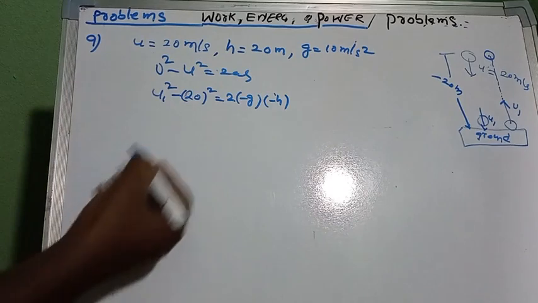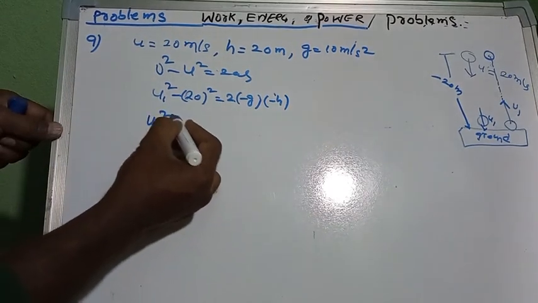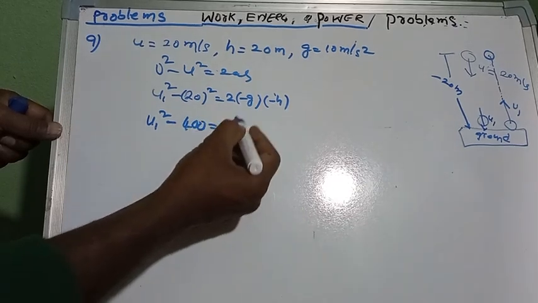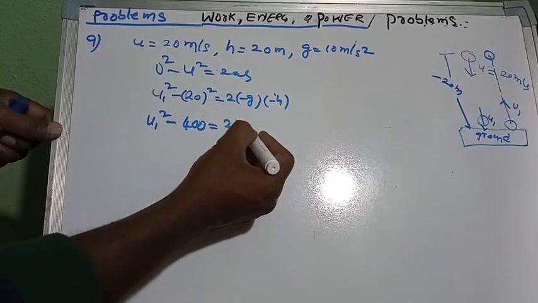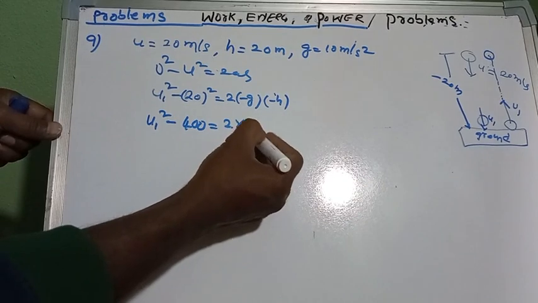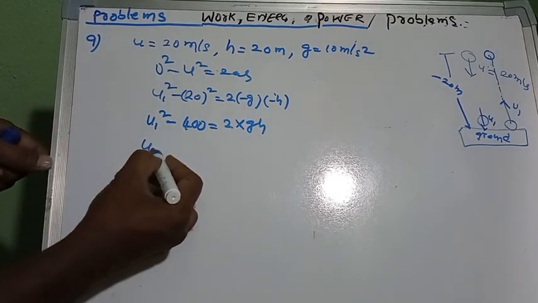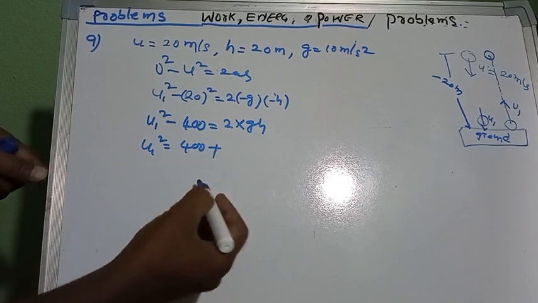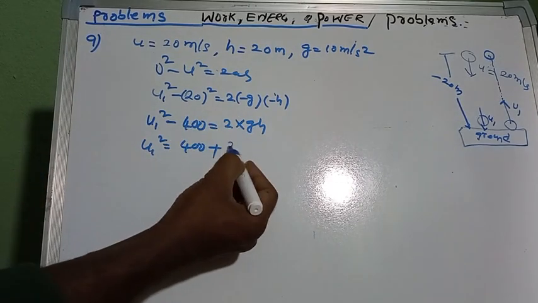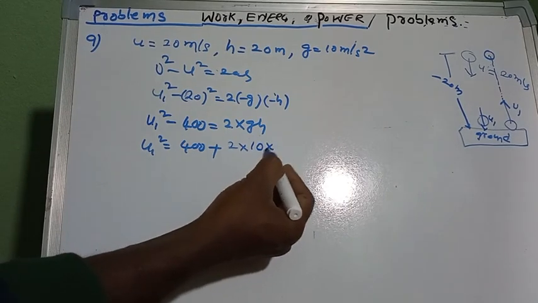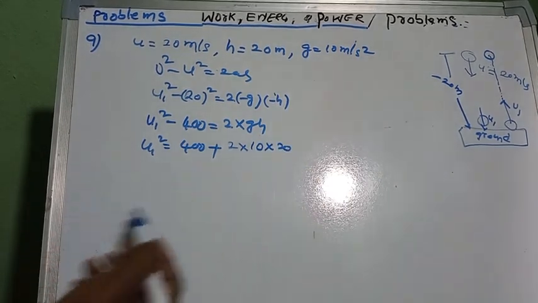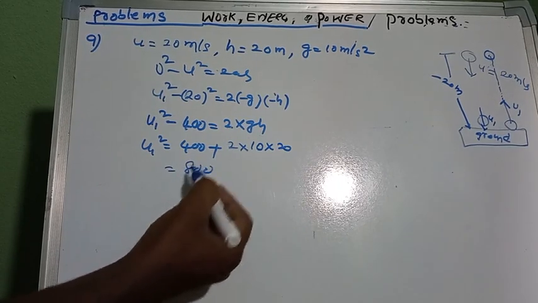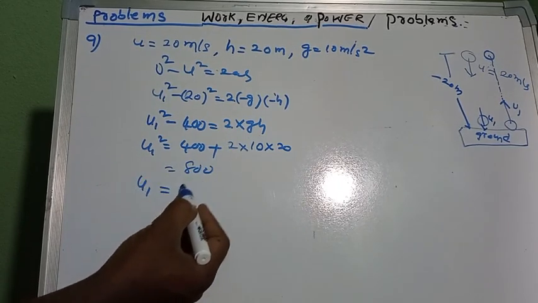Both are in the downward direction. So u1 square minus 20 square, means 400, is equal to 2 into minus g into minus h, that is plus 2gh, and u1 square is equal to 400 plus, taking it to this side, 2 into g is 10 and h is 20. That is 10 10, this is 400, and in total it is equal to 800.